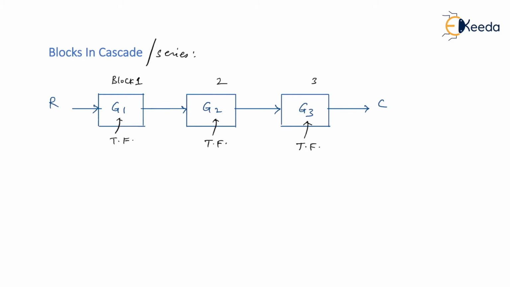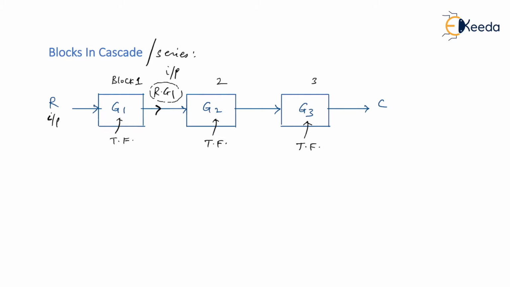Now, look at the output of every block. The output of every block is nothing but the input of the block multiplied by the transfer function. I repeat, the output of the block is always the input of the block multiplied by the transfer function of that block. For example, the output of block number 1 is R times G1, because R is input and G1 is the transfer function. Now this whole R into G1 acts as input to block number 2.